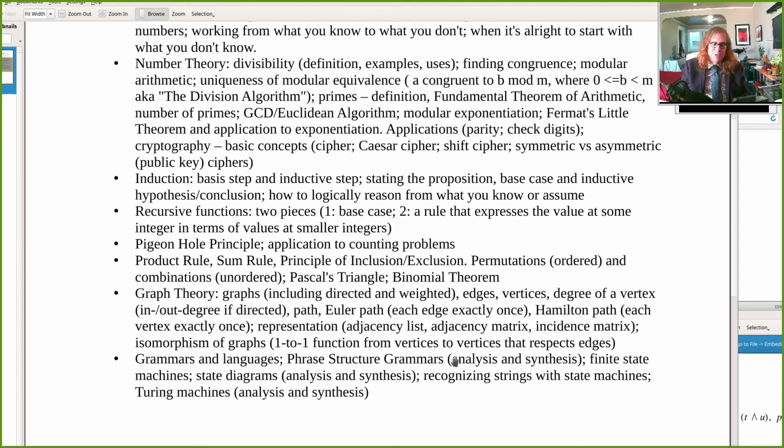So if two graphs are isomorphic, we should be able to map the vertices of one to the vertices of the other and preserve the notion of an edge. So these two vertices are connected by an edge if and only if the things we map them to are also connected by an edge. So that's the formal notion of two graphs being isomorphic.